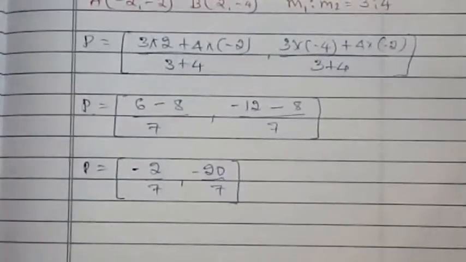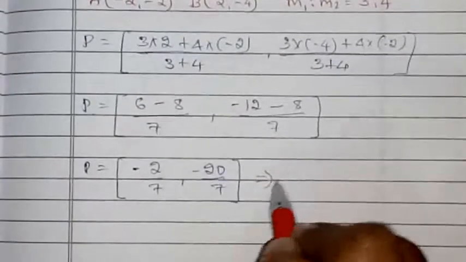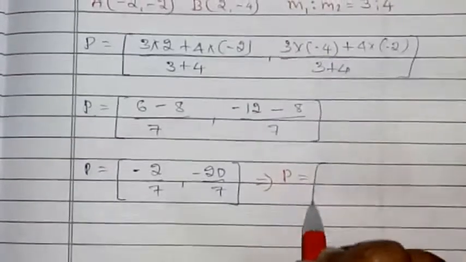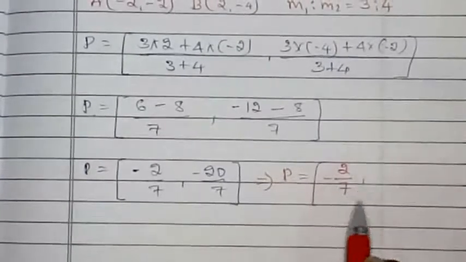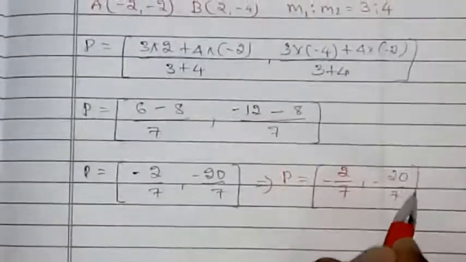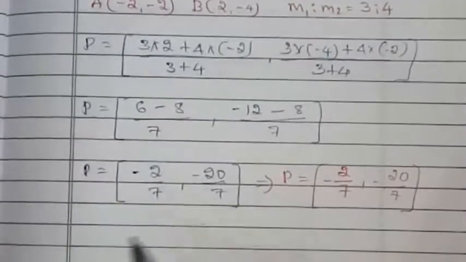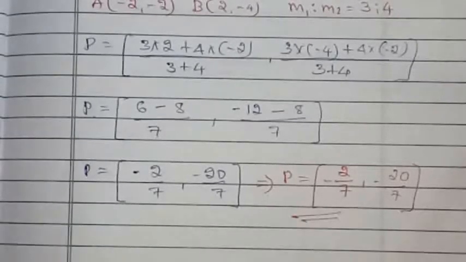So this is the coordinates of P. Let me write the coordinates again. This implies P coordinates are minus 2 by 7 comma minus 20 by 7. This is how we will solve the problem, and thank you.